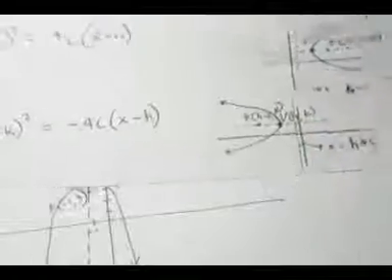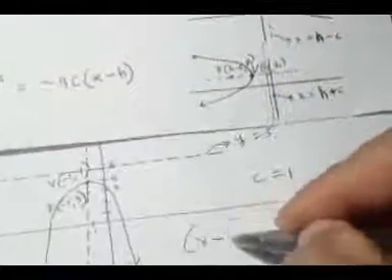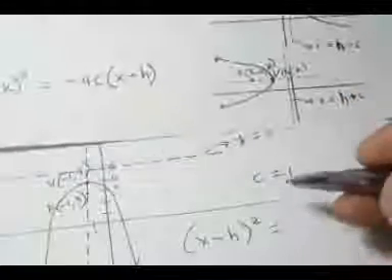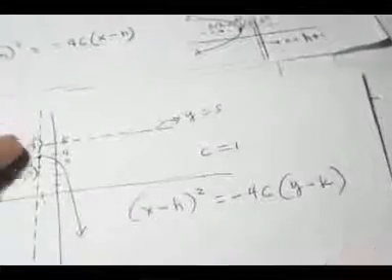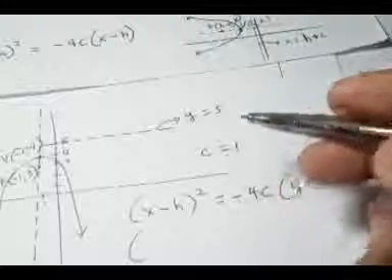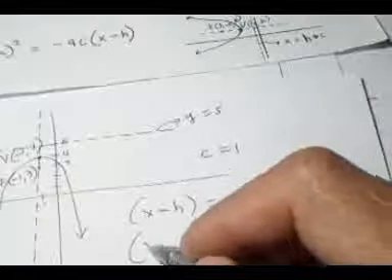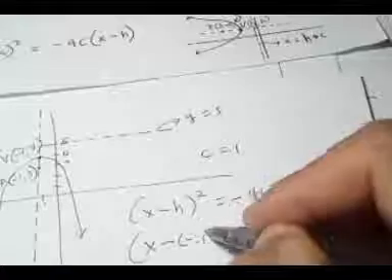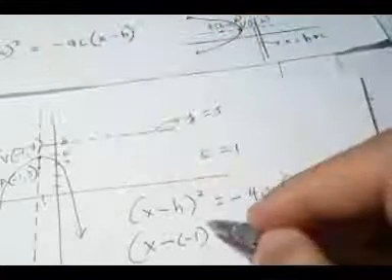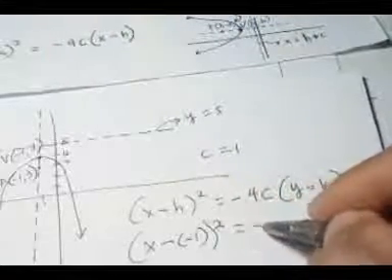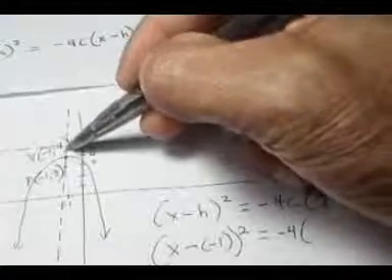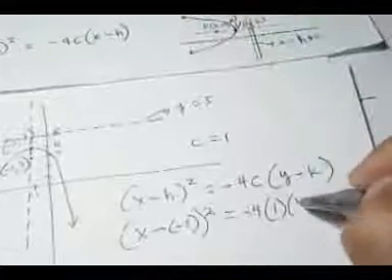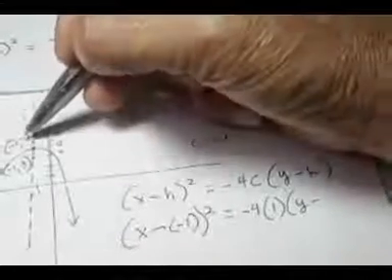Its standard equation is (x minus h) squared equals negative 4c times (y minus k). Okay, so substitute the vertex, negative 1, 4. x minus h is x plus 1, squared, negative 4, c is 1 because the vertex has a distance of 1 from the directrix, times y minus k, which is 4.